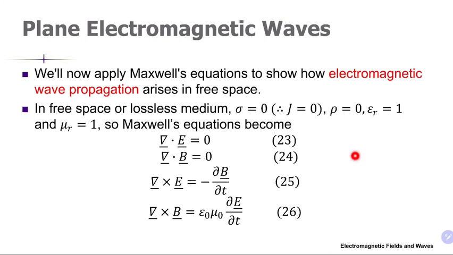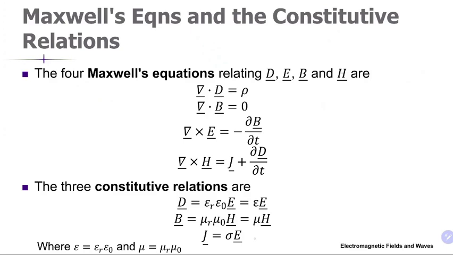So we're going to apply Maxwell equations to show how an electromagnetic wave propagates. For a wave propagating in free space, free space is a lossless medium, because in free space there's no conductivity, so it's zero, and therefore the current density is equal to zero, because we have this equation here.